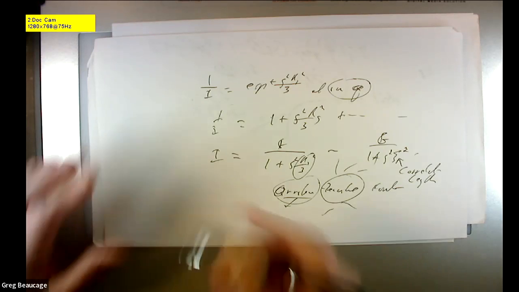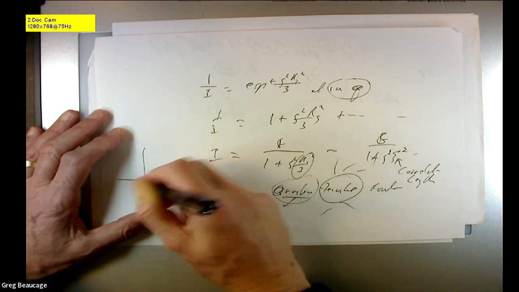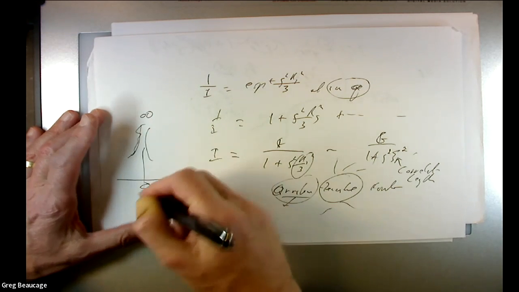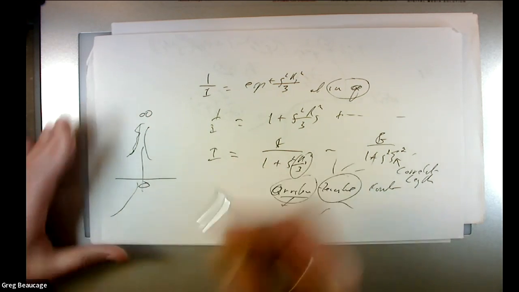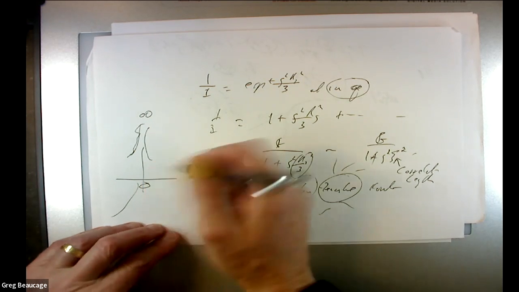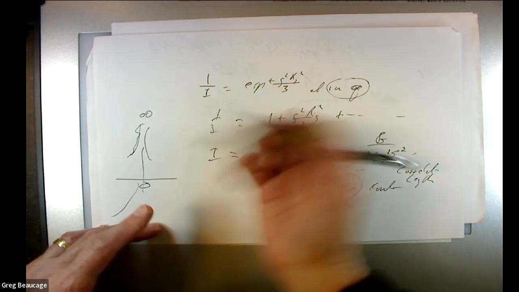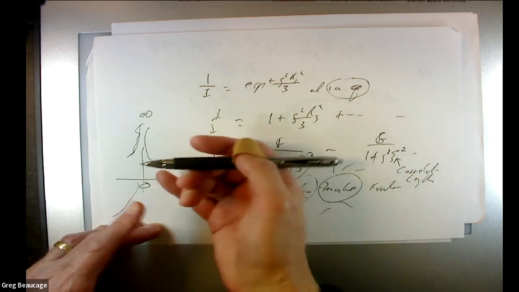So I don't like this function. I should give you the disclaimer at the start. If you go to 0, that function goes to infinity, and it doesn't do it symmetrically, because for negative r and positive r, it's a different function. It's not r squared, it's r.